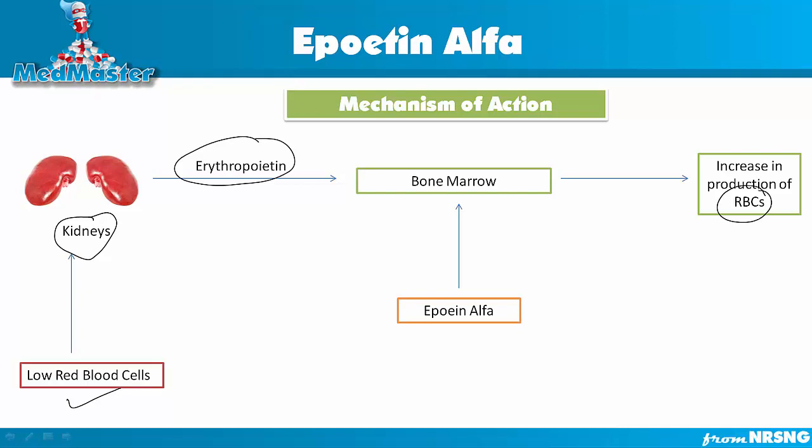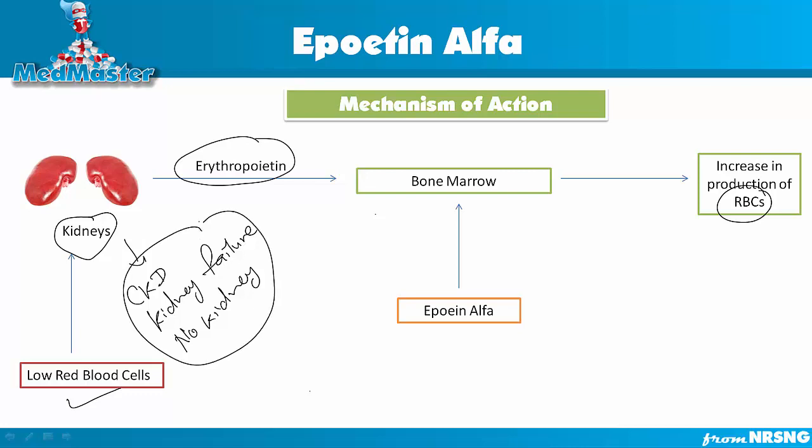Now what happens if someone has chronic kidney disease, CKD? What if someone has a kidney failure? And what if someone doesn't have a kidney at all? No kidney. What will happen? If there is no kidney or kidney disease, it cannot sense the low red blood cells.